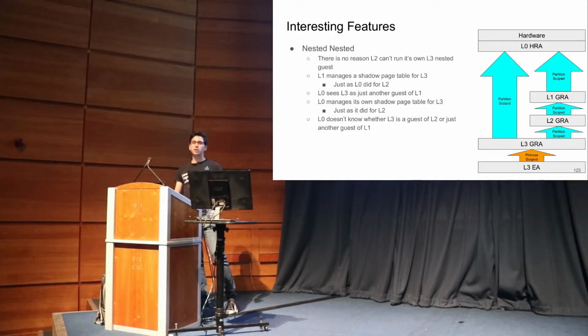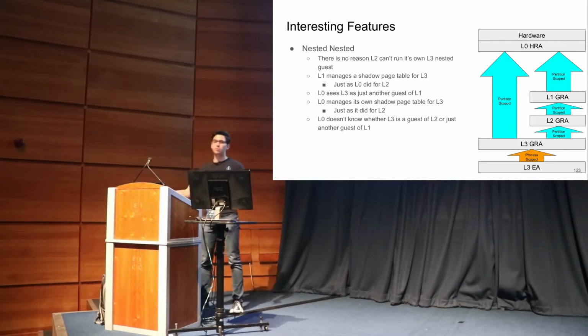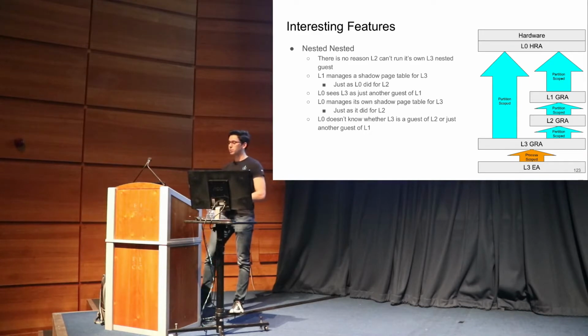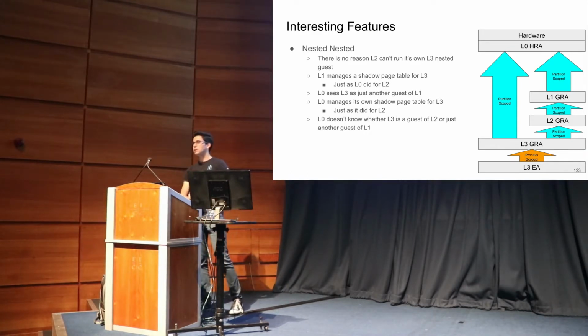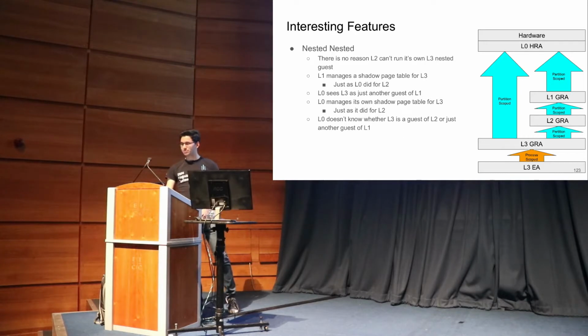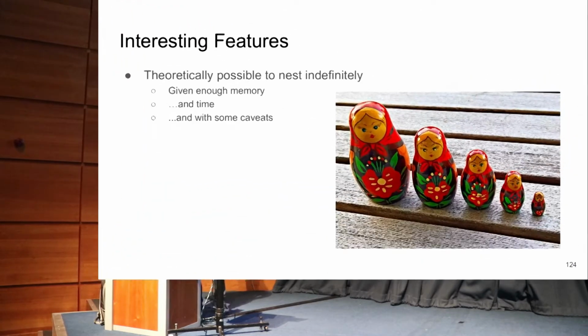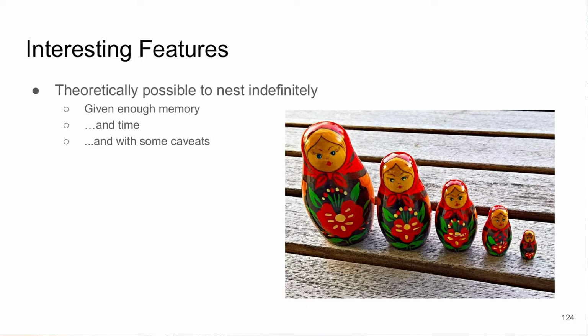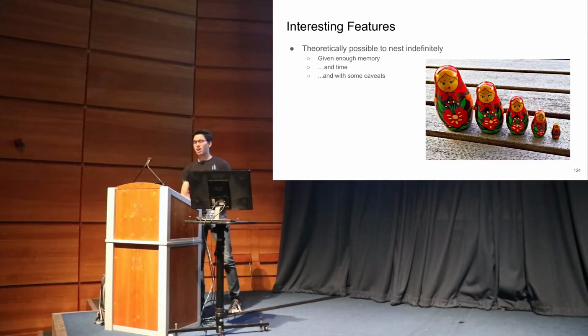So now it's going to manage shadow page tables as well for that level 3 VM in the same way it did for level 2. Level 0 doesn't actually know whether level 3 is a guest of level 2 or just another guest of level 1. It doesn't actually see a difference. With this in mind, it's theoretically possible to nest indefinitely, given enough time that is, and memory, and maybe there's a few caveats.